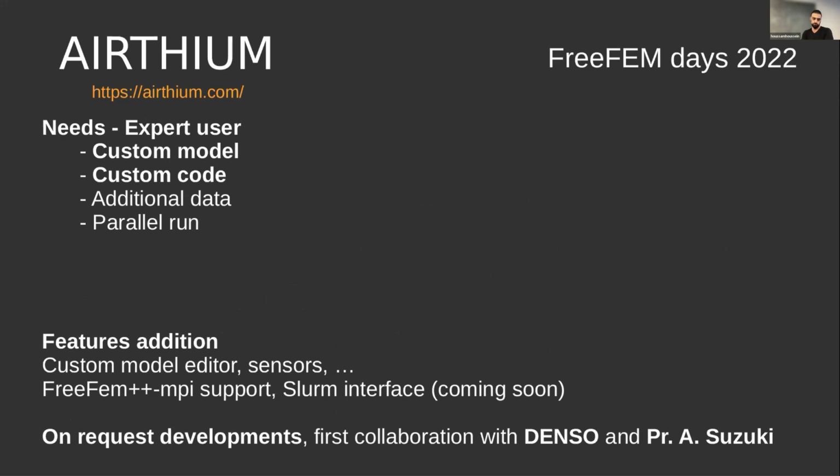You can select a point on the geometry and output data. There is direct FreeFEM MPI support in all the scripts. We will build a Slurm interface to communicate with a computational cluster. And we also do on-request development. This one is a paid feature because it takes time.